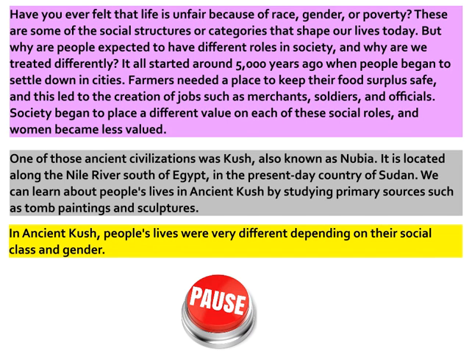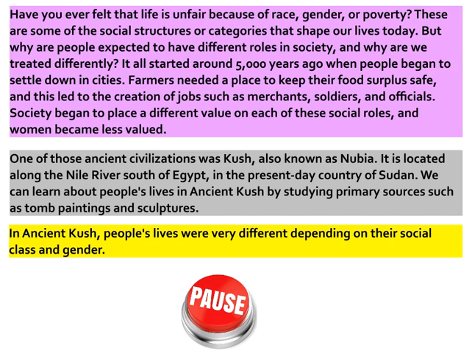Have you ever felt that life is unfair because of race, gender, or poverty? These are some of the social structures or categories that shape our lives today. But why are people expected to have different roles in society, and why are we treated differently? It all started around 5,000 years ago when people began to settle down in cities. Farmers needed a place to keep their food surplus safe, and this led to the creation of jobs such as merchants, soldiers, and officials.